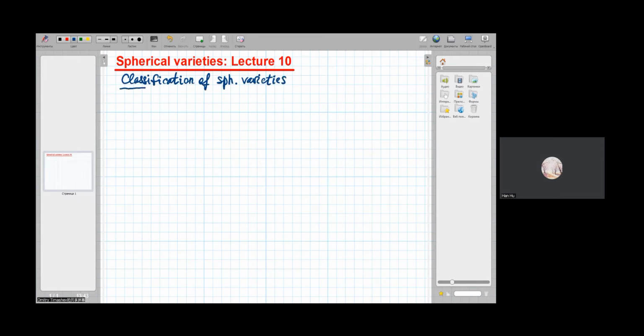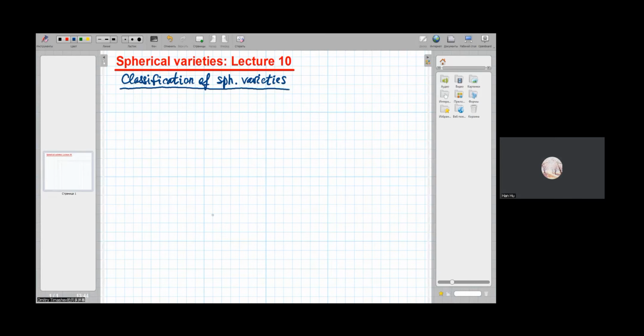And more precisely, I will address the second part of the classification problem. That is to classify spherical varieties containing a given spherical homogeneous space as the open orbit. I leave aside the problem of classifying spherical homogeneous spaces themselves.